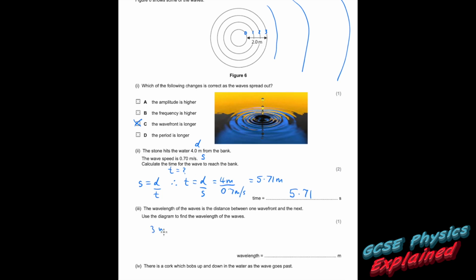So 3 waves in 2 meters. So therefore 2 meters divided by 3 waves means that each wave is 0.67 meters. And that's your wavelength, the length of one wave.